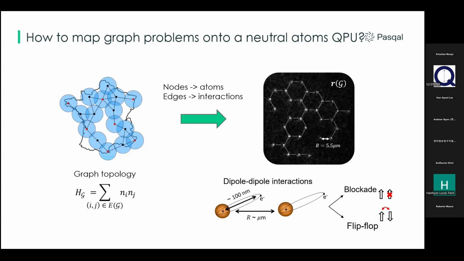This, however, is not only limited to neutral atom systems. So if you think of a superconducting quantum computer's microchip architecture, the microchip architecture can also be modeled by a graph structure in which each node is a qubit, a superconducting qubit, and you draw edges between neighboring qubits that are physically placed next to each other. That typically gives rise to a square lattice-based graph representation of the superconducting chip's architecture.